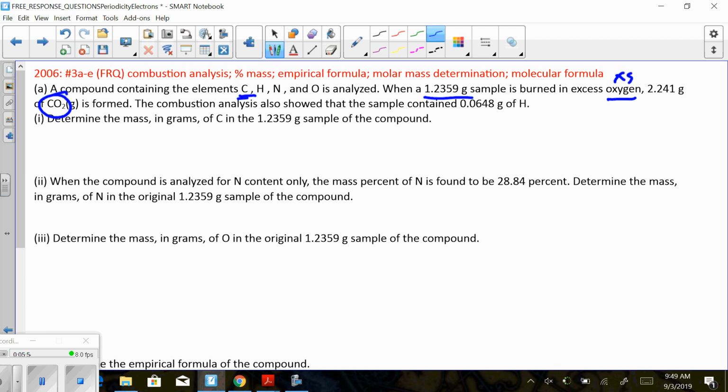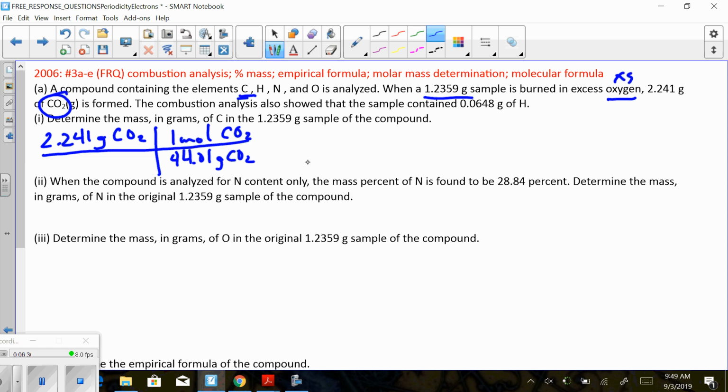Starting that line of thought, if I want to know how many moles of CO2, I need to start with how many grams of CO2 that I have, and I have 2.241 grams of carbon dioxide. For every 1 mole of carbon dioxide, I have a molar mass of 44.01 grams. That will give me the number of moles of carbon dioxide.